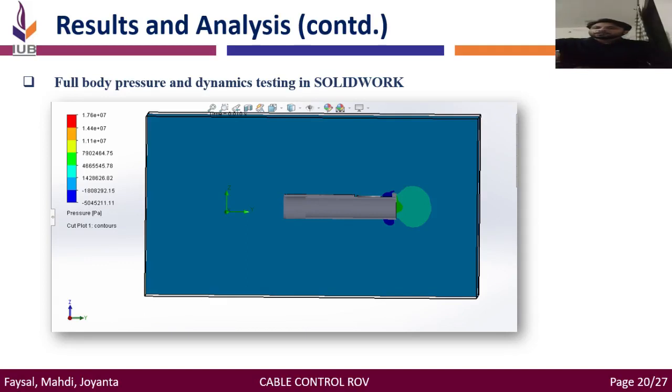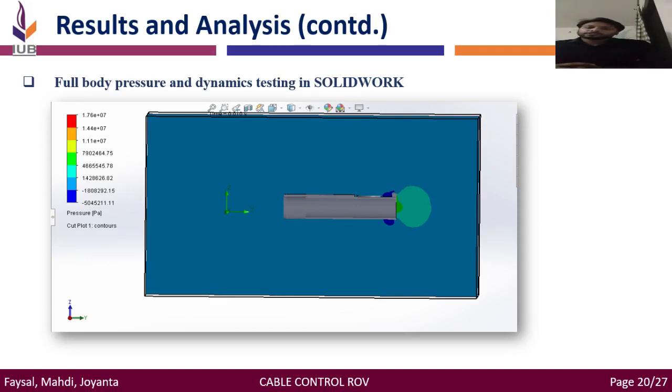There is a circle at the end of the machine, indicating that the pressure is from the BLDC motor, and it is forcing the vehicle upward. The whole dynamic testing is done by the software, and we didn't find any unusual activity or any error in our simulation.